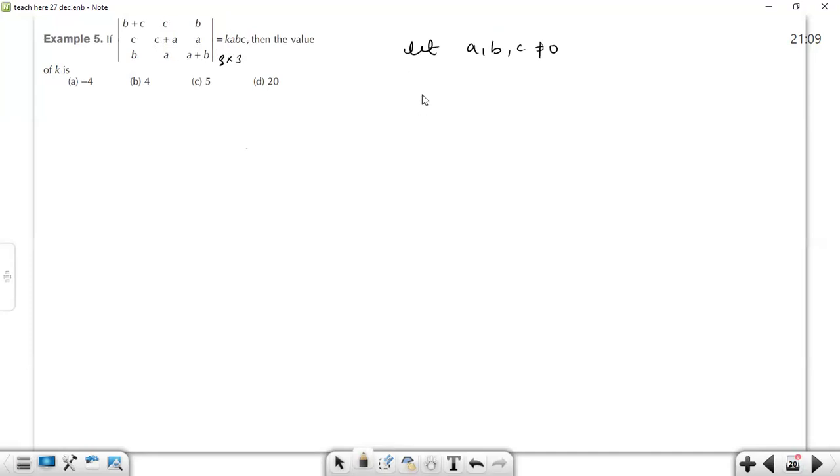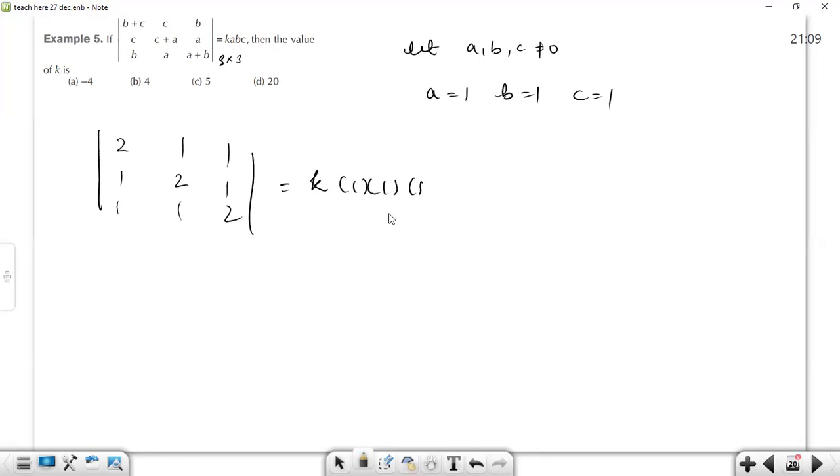Okay. So now assuming A as 1, B as 1, and C as 1, keep the game as simple as you can make it. Please keep it simple so that your assumptions help you in the calculations. Now A plus 1 becomes 2, so the rows are 2, 1, 1; 1, 2, 1; 1, 1, 2. As simple as that. On the right, k into 1 into 1 into 1 into 1.